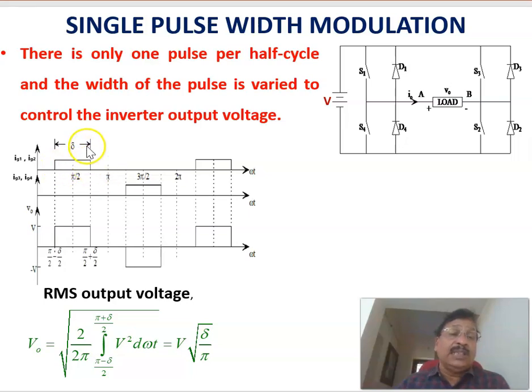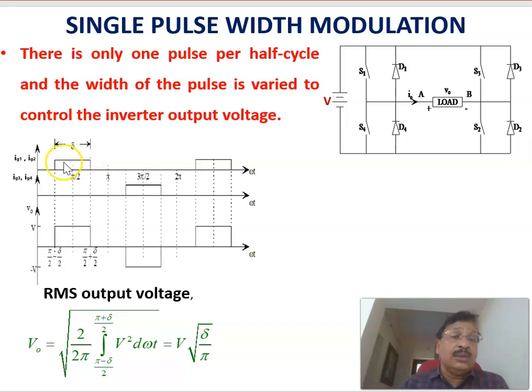The pulse width delta can be changed from 0 to pi, so that the output voltage can be changed. And if you calculate the RMS value of this voltage, to calculate that, see this terminal, this is equal to pi by 2. Of course, this is equal to pi. Therefore, this point is equal to pi by 2.